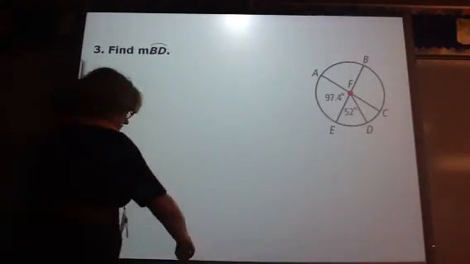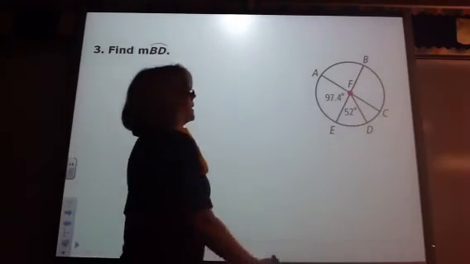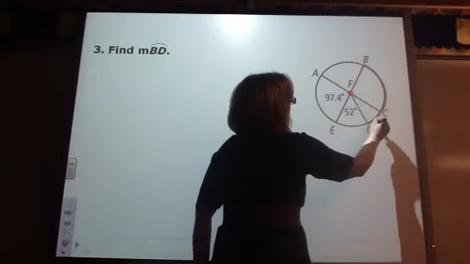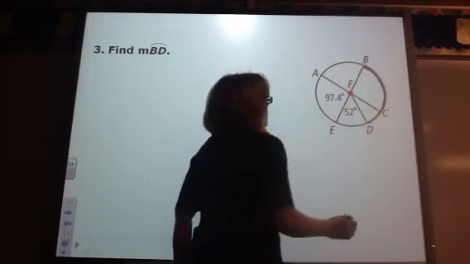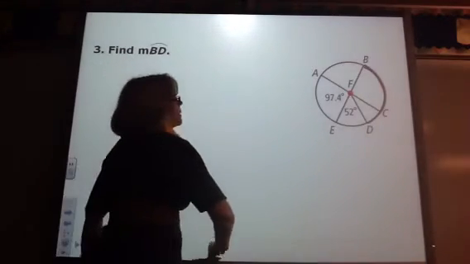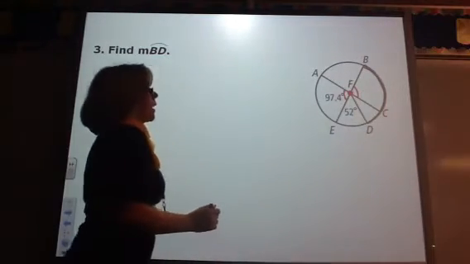So let's try this. All right, find the measurement of arc BD. BD is this right here. So what do we know here? We have this angle and this angle as vertical angles.